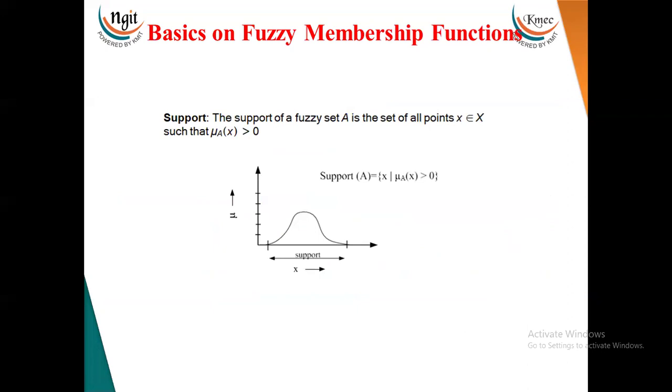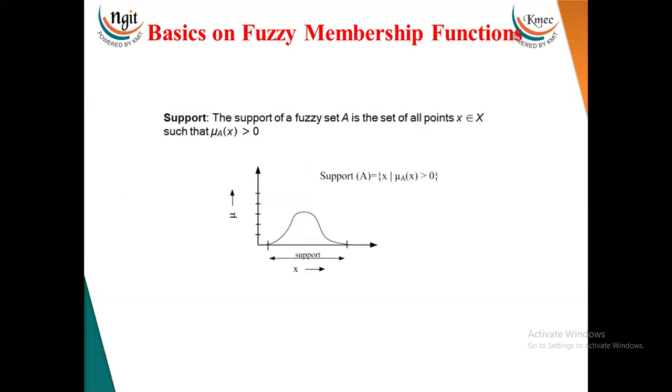Before starting, we have some basics of membership functions. The first one is support. What is meant by support? Remember that support is nothing but: whenever you are writing the set, the membership value should be greater than 0. Whenever a set is given, the membership value will always be greater than 0.